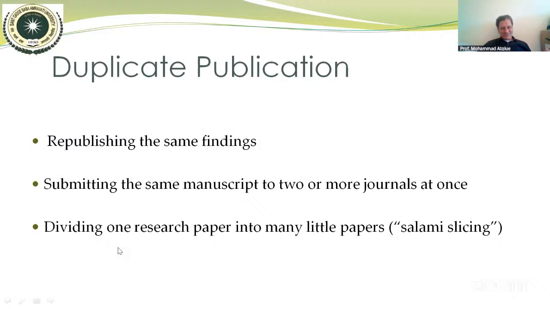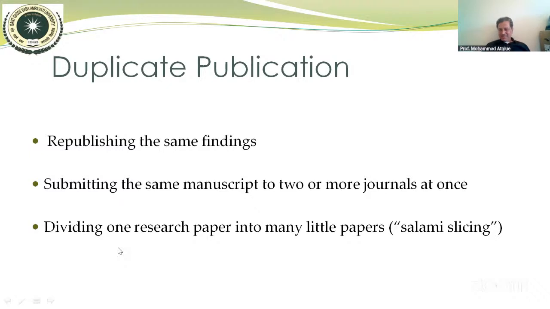That is, again, one has to understand. There are many things, but I'll be going a little fast. Duplicate publication, that is, republishing the same finding again and again, because if you look at the API formats, there are marks for every publication.